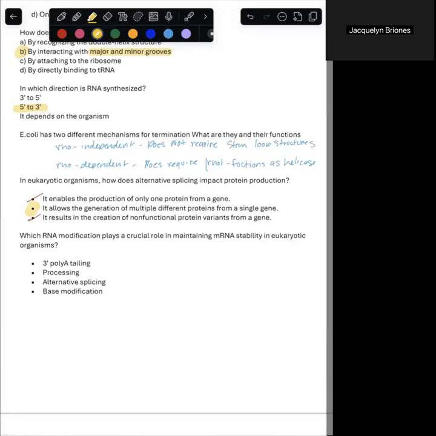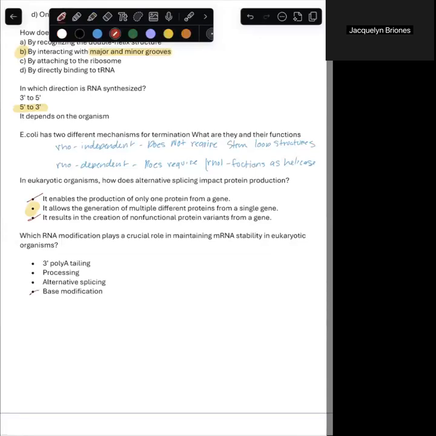Which RNA modification plays a crucial role in maintaining mRNA stability in eukaryotic organisms? Let's think about it, it's asking for stability. Base modification doesn't have anything to do with stability.